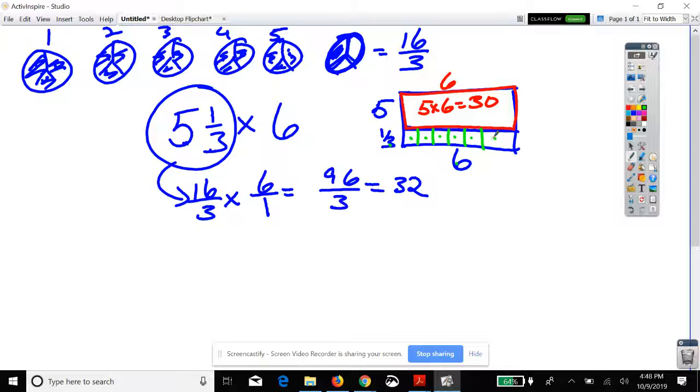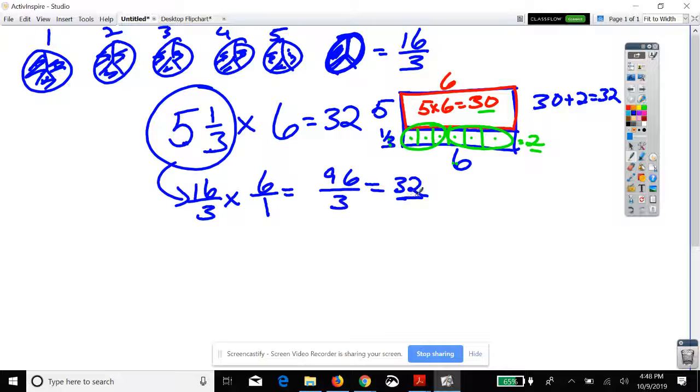There are 6 1/3s. 1/3 means I need 3 pieces to make a whole. So this is 1 and this is 2. So 1/3 times 6, or 1/3 of 6, is 2. If I take my 30 plus my 2, then I have 32. So 5 and 1/3 times 6 is 32.